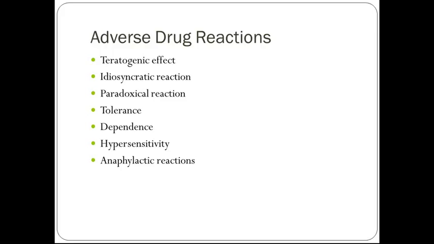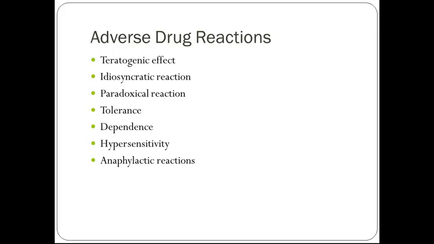The first is pregnancy category A. There's no risk, and human studies have been done, so patients can safely take medications in that class. Class B has no risk, and the only studies that have been done are on animals, not on humans, but it is generally thought to be safe for the patient to take while pregnant.